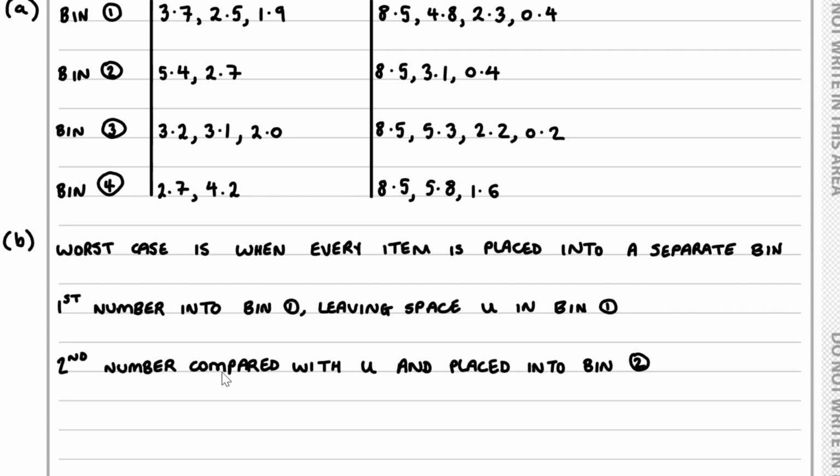So we place the second number into bin number 2. And of course, this will leave space V in bin 2.